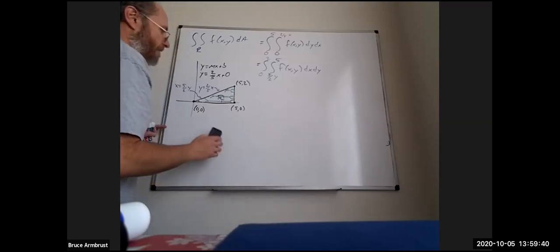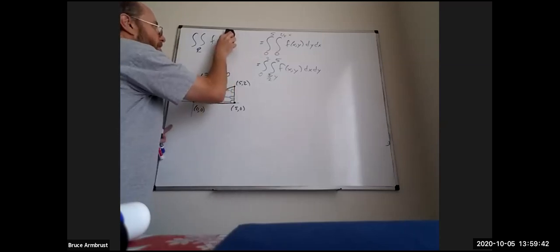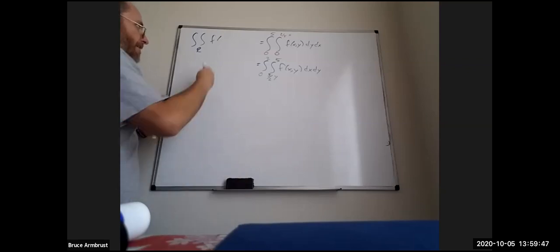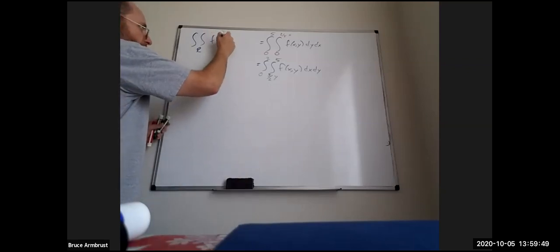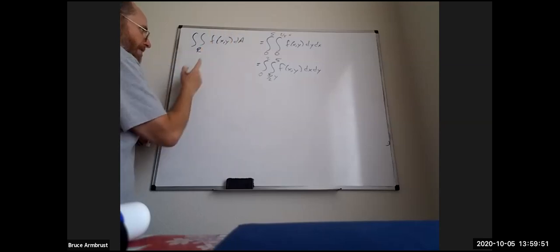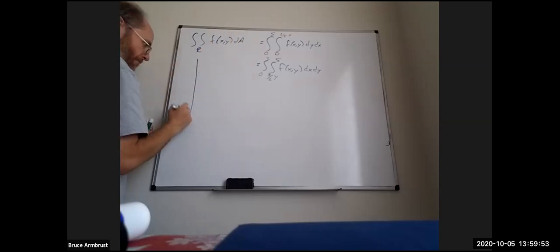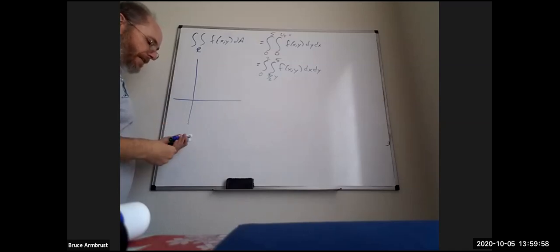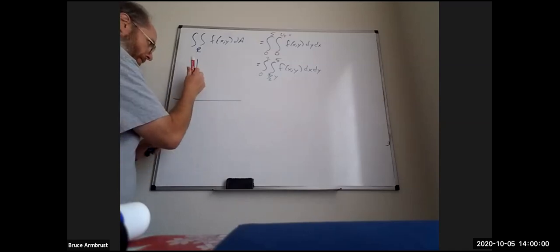Let's try this one. So again, we're just going to do a generic f of x, y. I shouldn't erase this dA, but this time, here's our region. This region is going to be a semicircular region.